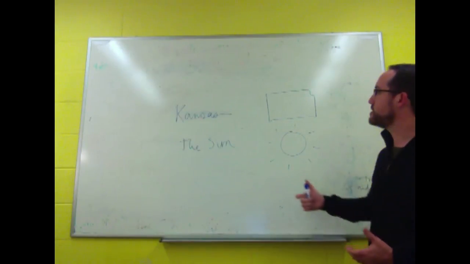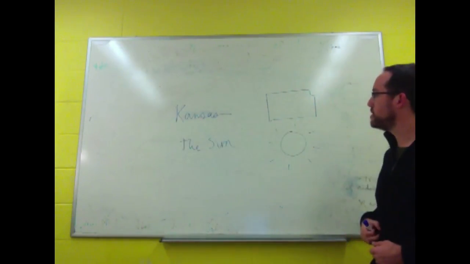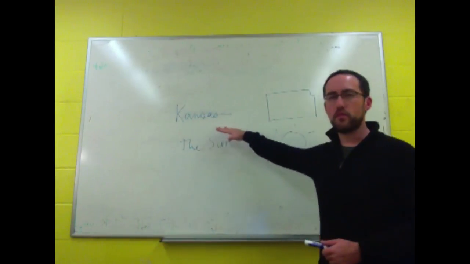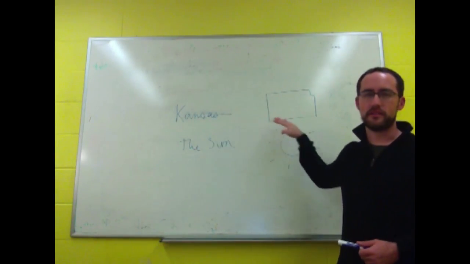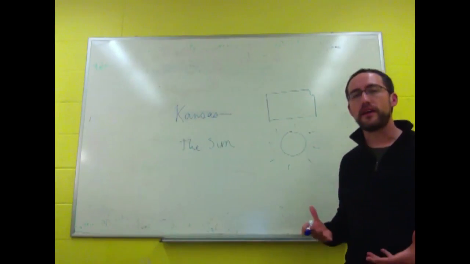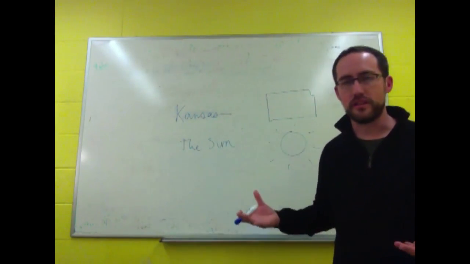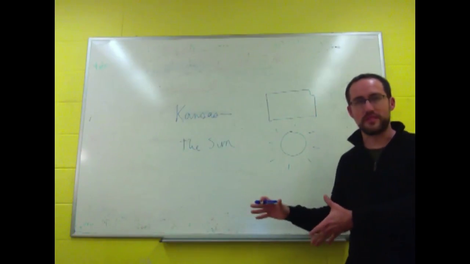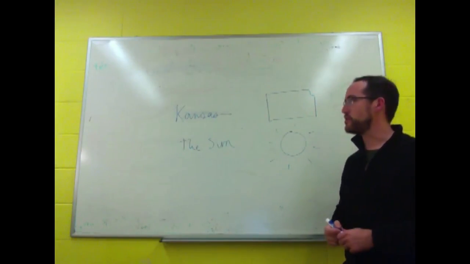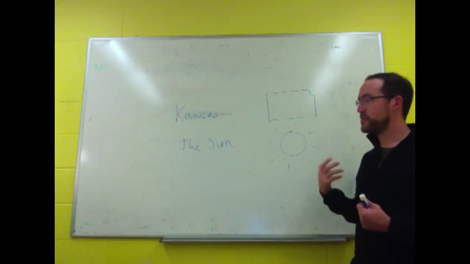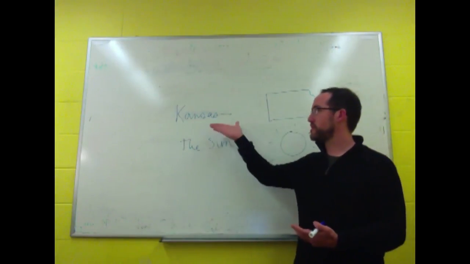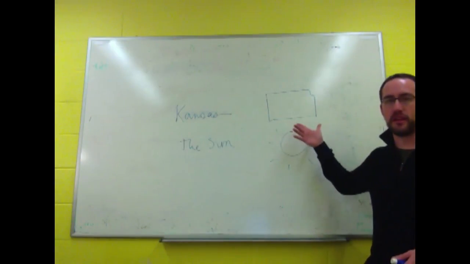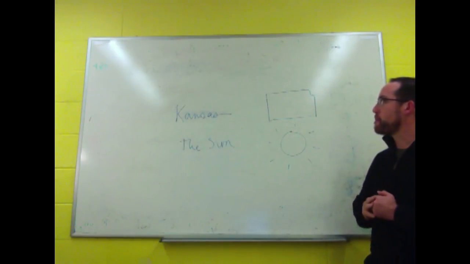So how do we get from here to here? Where's the meaning? If this is the word and this is what it means, how do we get from one to the other? For that, we use what's called an interpretation function. We'll talk more about functions, and that will make more sense after that. Essentially, a function is kind of an algorithm, a machine. You feed it something, it gives you something else.